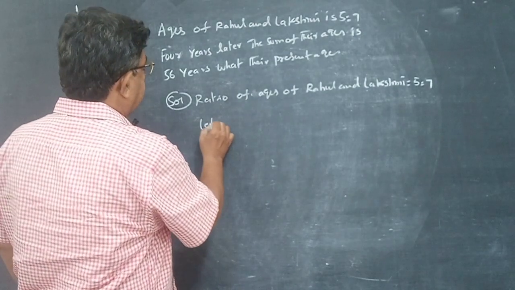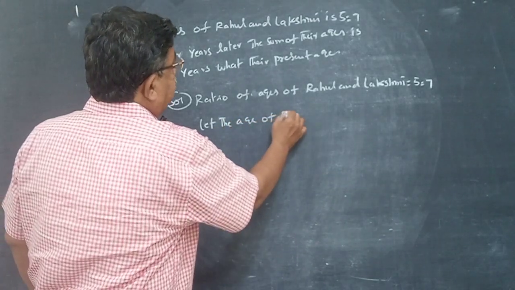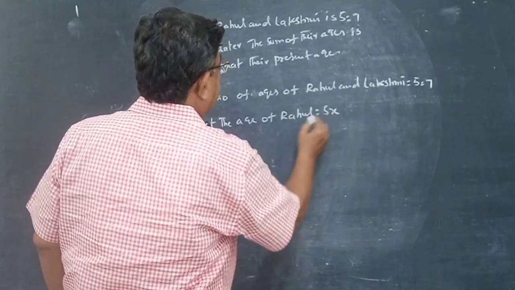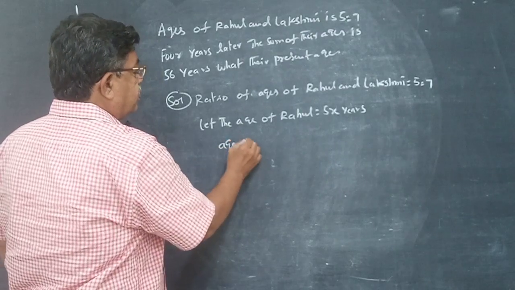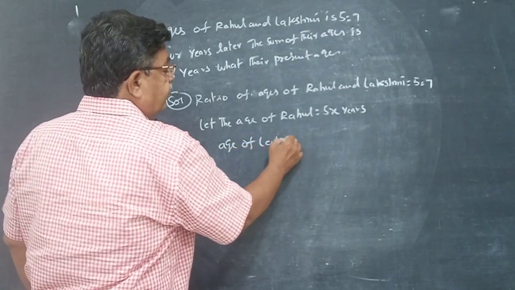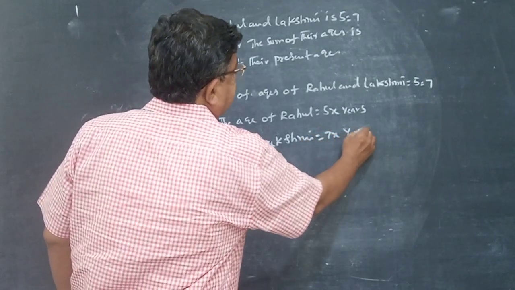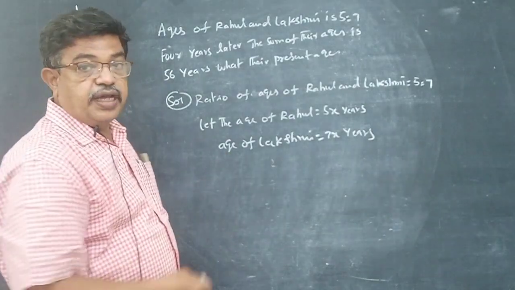Let the age of Rahul be 5x years, and the age of Lakshmi be 7x years. That is their present age.